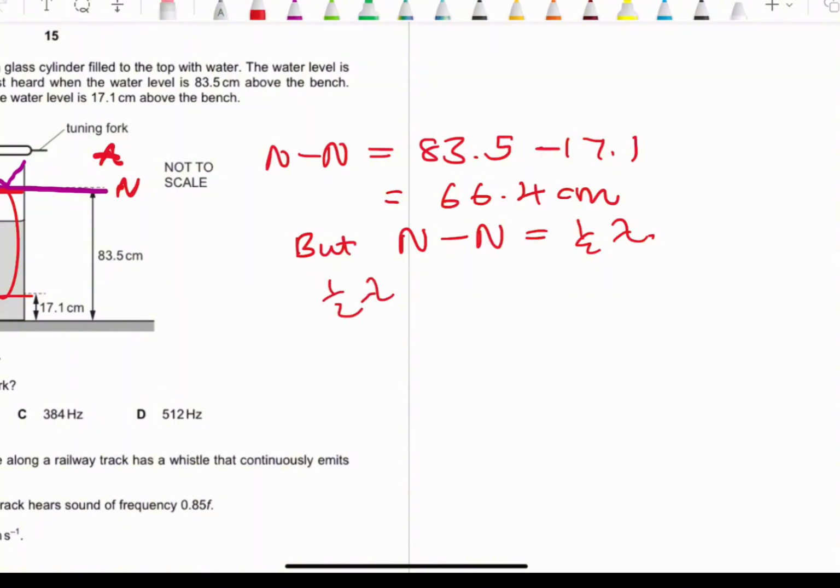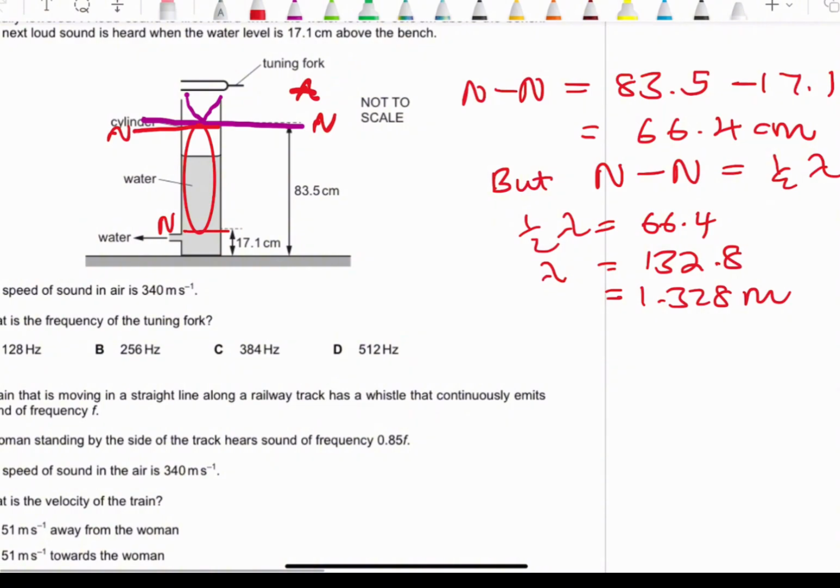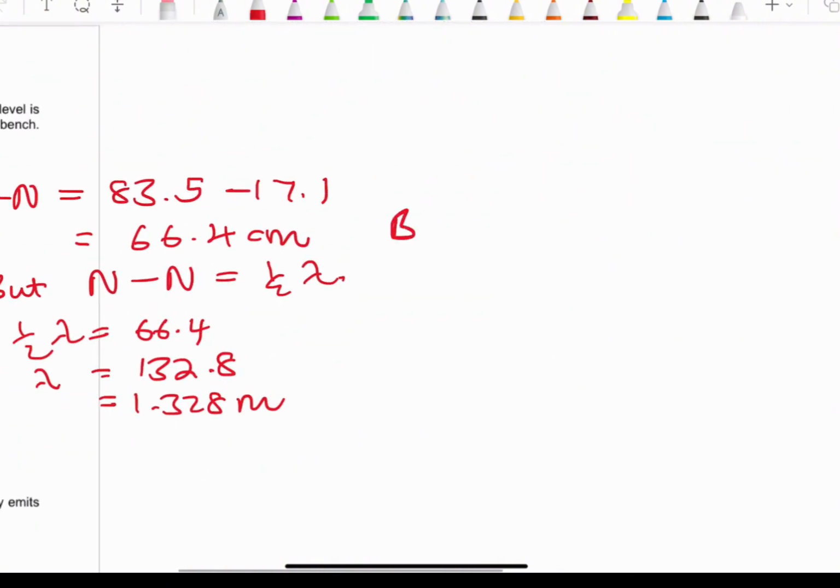So half lambda is 66.4. So the value of lambda is that value multiplied by 2, which is 132.8. Divide that by 100, you get about 1.328 meters as your value of lambda. So we want the frequency. We know that v equals f lambda.